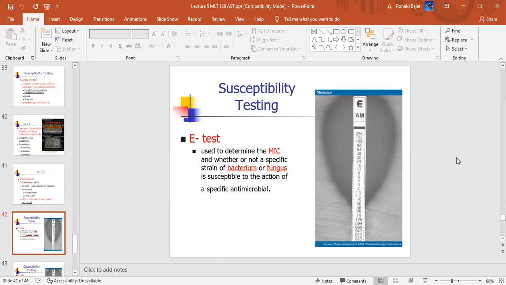It's used to determine the MIC, whether or not a specific strain or bacterium or fungus is susceptible to the action of a specific antibiotic. So it's a different way of doing MIC, and that's the E test.